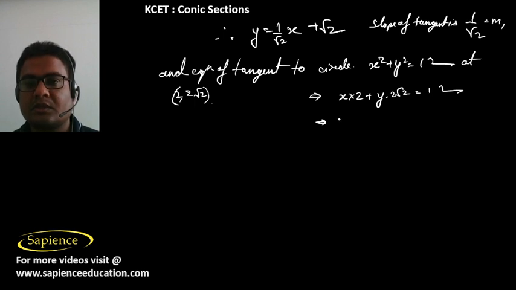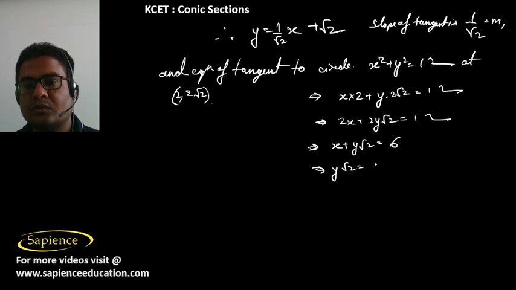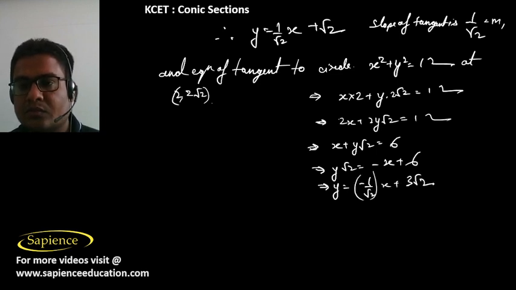So I can say this is 2x plus 2 root 2 y equal to 12. So x plus root 2 y equal to 6. So root 2 y equal to minus x plus 6, or y equal to minus 1 by root 2 into x plus 3 root 2.